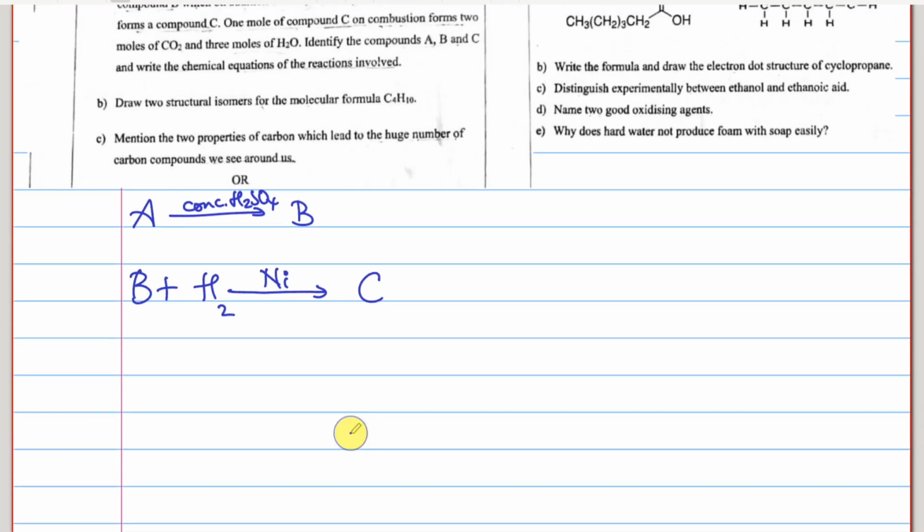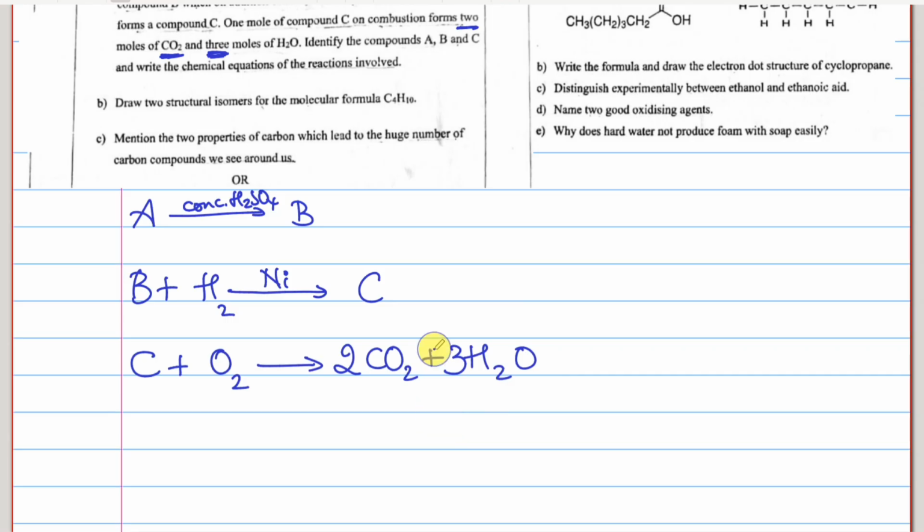1 mole of compound C on combustion means it has to react with O2. Whenever combustion takes place for carbon compounds, it will always form carbon dioxide and water. So CO2 and H2O. And they've given us how many moles of CO2 is being formed. So 2 moles. So they have given us the coefficient of CO2 to be 2 and 3 moles of H2O, so 3 is the coefficient of H2O.